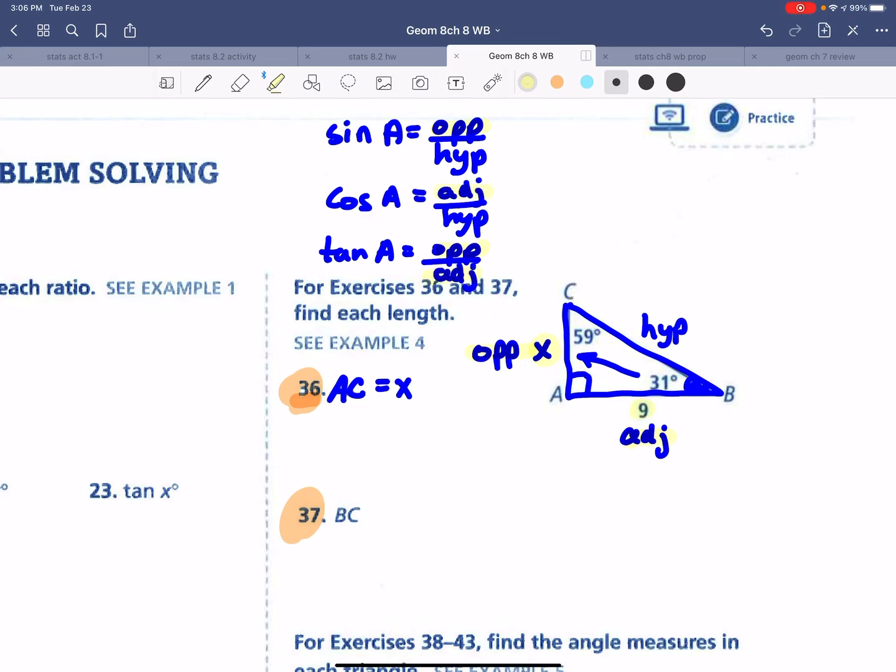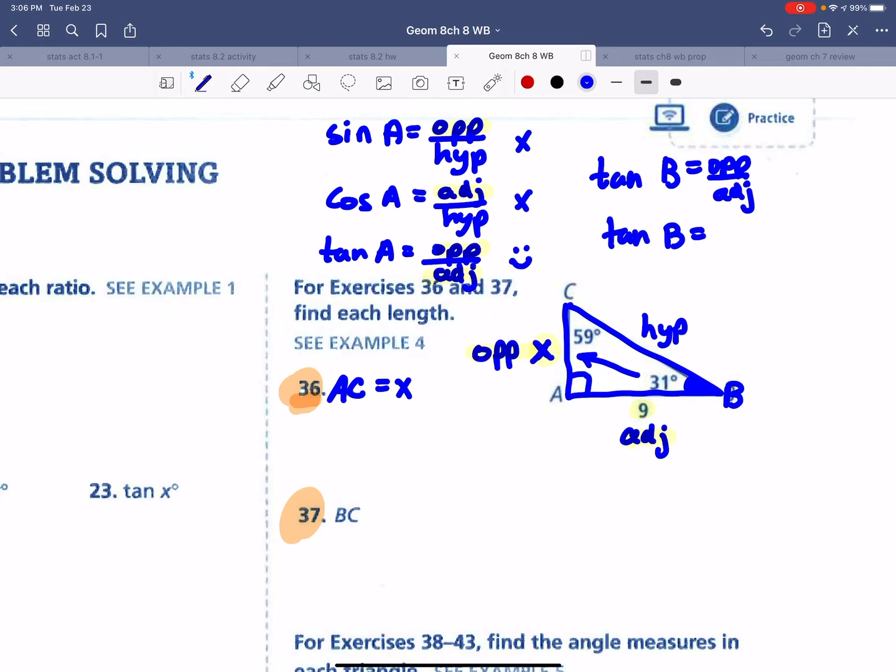I got both, so I'm going to use the tangent function. So the tangent of angle B is opposite over adjacent. The tangent of angle B is opposite X, adjacent 9.